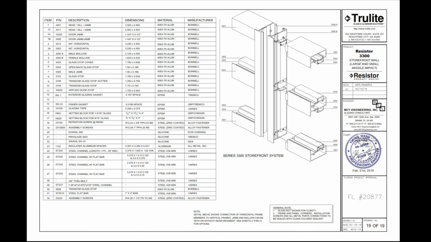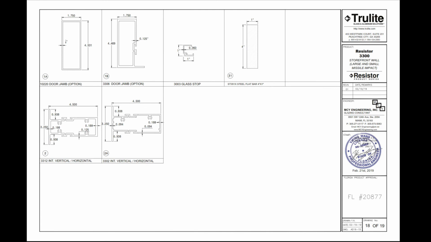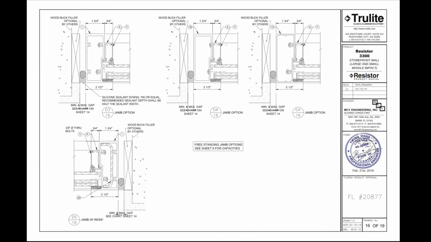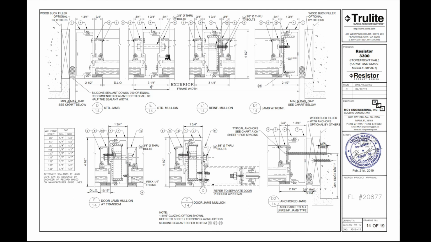These all have item numbers, and those item numbers correspond with the different drawings, dimension drawings, and the details which show the frame members and all the parts, which are all called out with these numbers. These numbers correspond to that table of items. And we have detailed drawings that show how the product is oriented and attached to the structure.